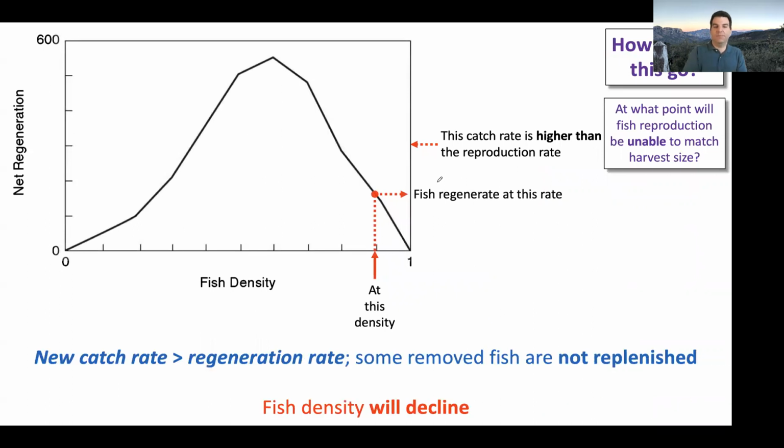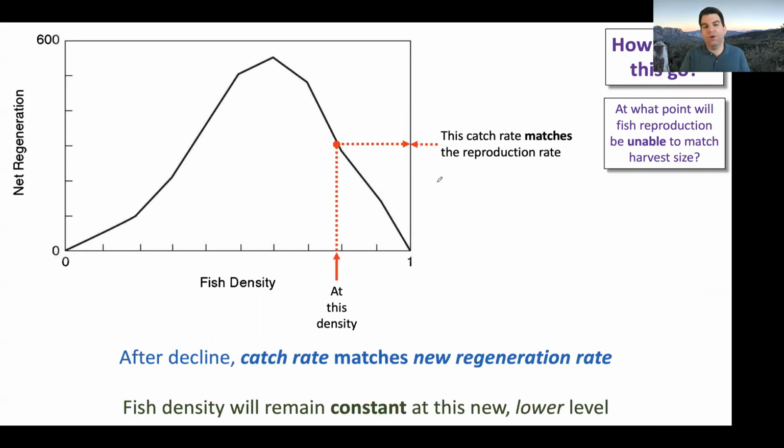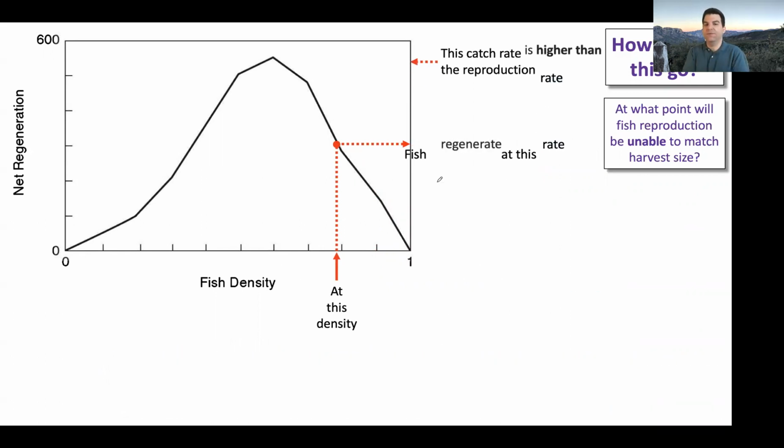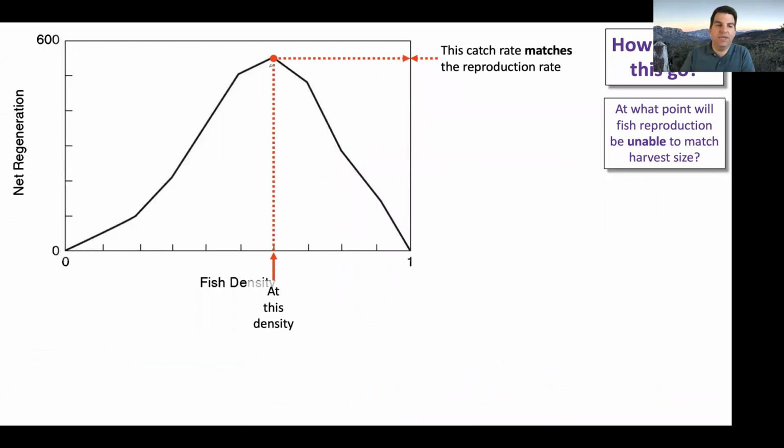That is going to move the density lower, and that will raise the regeneration rate, which then is going to encourage more fishing. So you do more fishing, and that moves the regeneration rate up. But there is going to be a point where you reach the maximum regeneration rate, where it is impossible to generate more fish per year than this particular point.